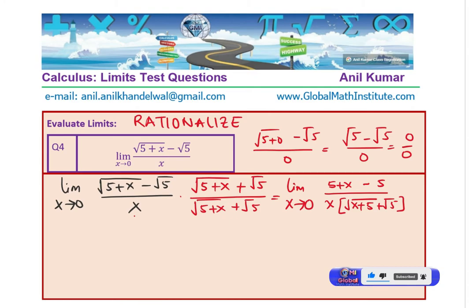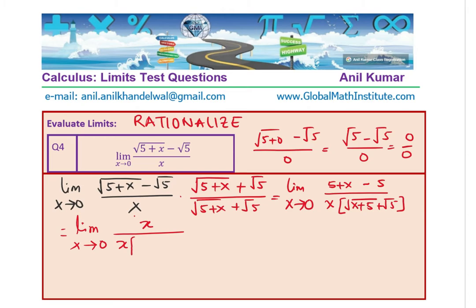Now let's simplify the numerator. We can write this as limit x approaches 0. 5 plus x minus 5 becomes x. So we have x in the numerator divided by x times, within brackets, square root of x plus 5 plus square root of 5. x and x cancel, and so we can write this as limit x approaches 0, 1 over square root of x plus 5 plus square root of 5.